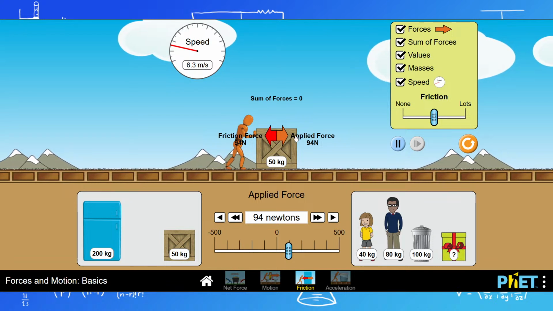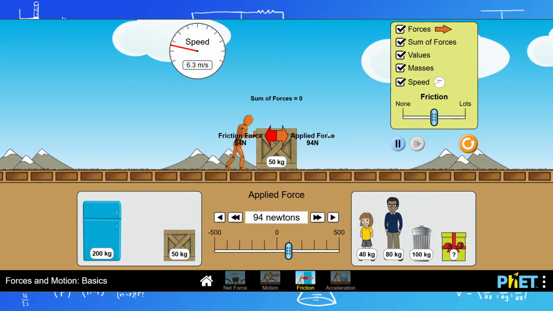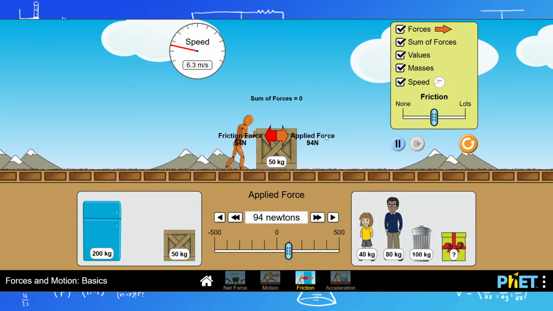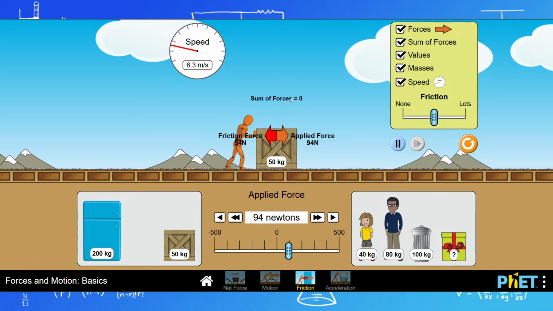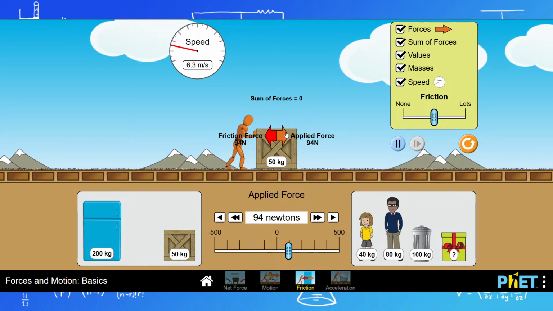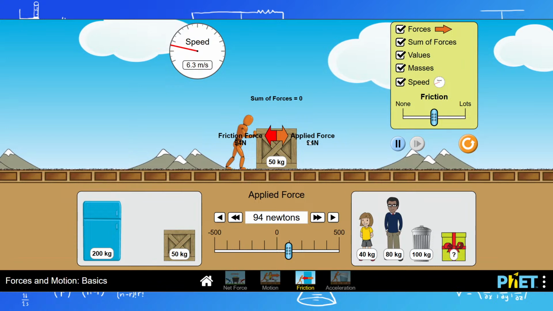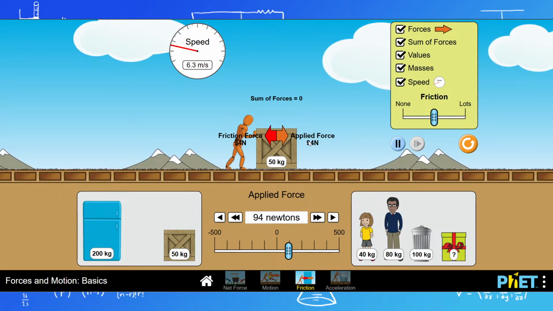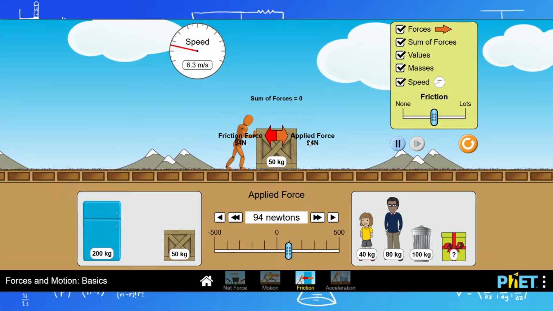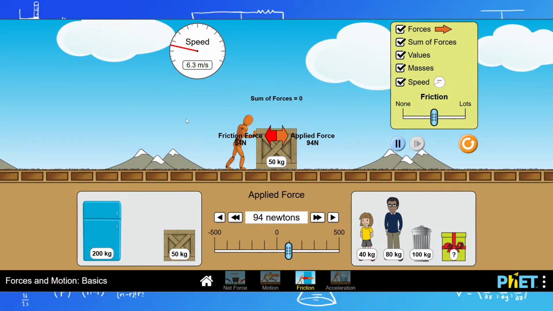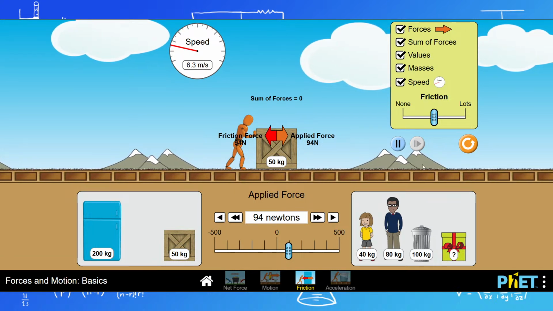My static friction just matched my applied force, matched whatever it needed to be in order to keep the sum of the forces at zero. And then only after I went past the maximum static friction available did the friction go back down to whatever the kinetic friction was, which in this case is 94.